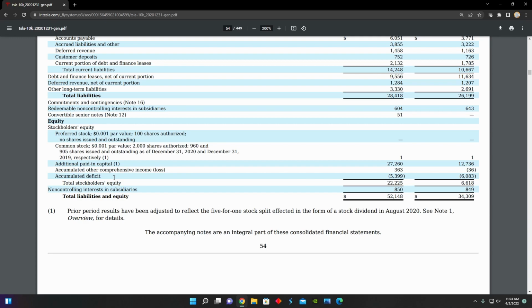And then right here, we see accumulated deficit. This is basically the opposite of retained earnings. In Tesla's case, as of December 31st, 2020, they had up until that point been operating at a loss. And so all of the operating losses that they accumulated over the span of their operating history were accumulated in this line item right here, accumulated deficit. And for a company that might have been profitable year over year, all of the profits that they basically retained in the company, didn't reinvest or distribute as dividends, would get put in this line item right here, except it would be called retained earnings.